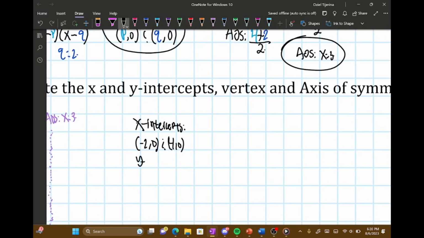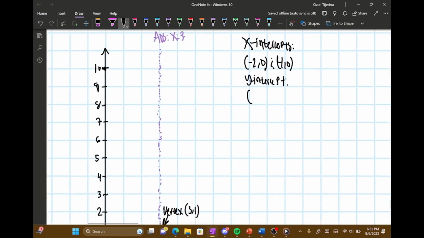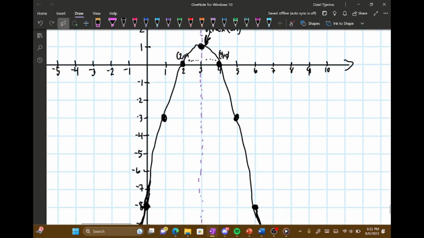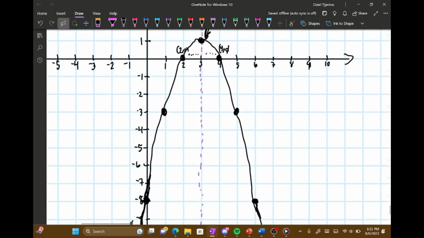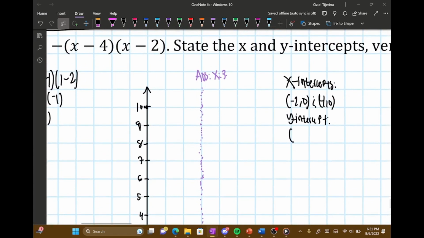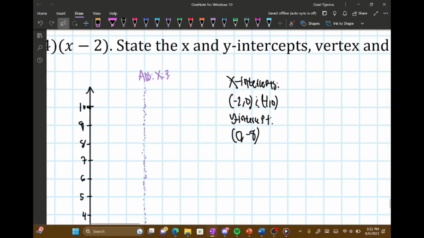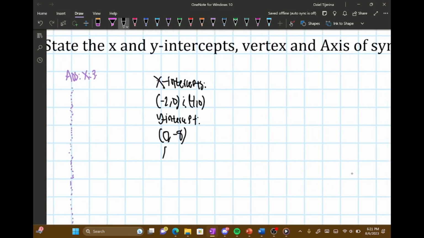And then my y-intercept, I'm sorry, y-intercept, because there's only one y-intercept, is going to be at (0, -8) in this case. And then my axis of symmetry, which was in purple, was x equals 3.